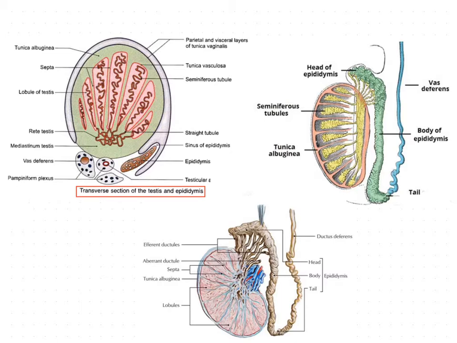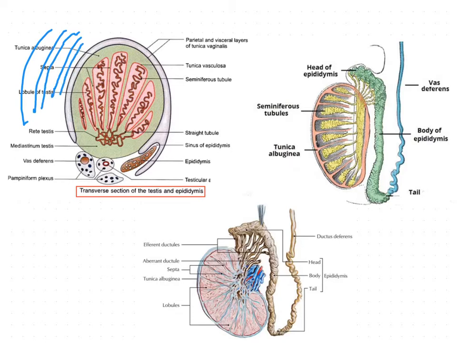First we will remember the layers of the scrotum. The first layer is the skin. After that comes the dartos layer, that is the dartos muscle, which is a modification of the superficial fascia of the abdominal wall. Next comes the external spermatic fascia, then the cremasteric fascia, cremasteric muscle, and then the internal spermatic fascia.